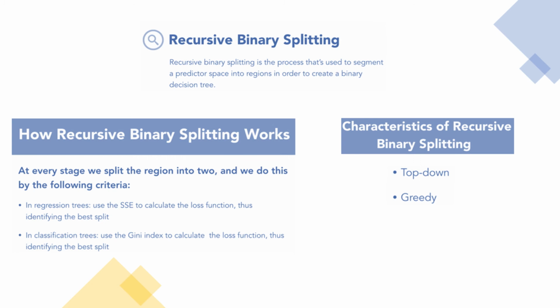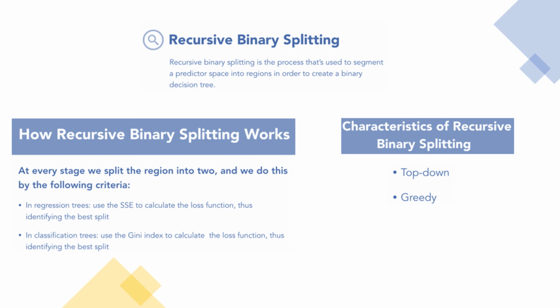How recursive binary splitting works is at every stage we split the region into two, and we do this by the following criteria. In regression trees, we use the sum of squares to calculate the loss function, thus identifying the very best split. But in classification trees, we use the Gini index to calculate the loss function, thus identifying the best split.